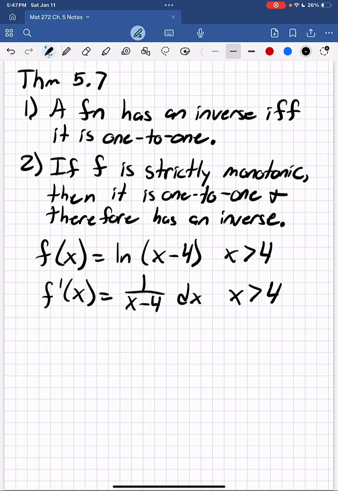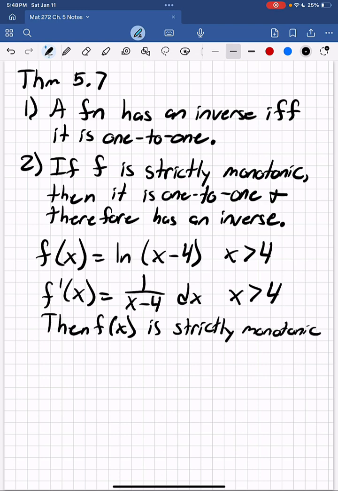So 5 minus 4 is 1 over 1, 6 minus 4 is 1 over 2, etc. So then the function f of x is strictly monotonic and has an inverse.